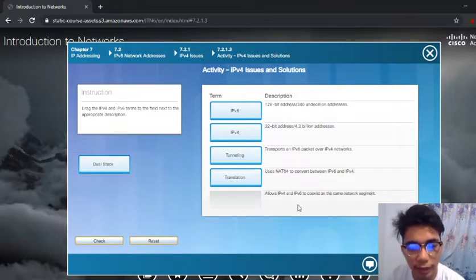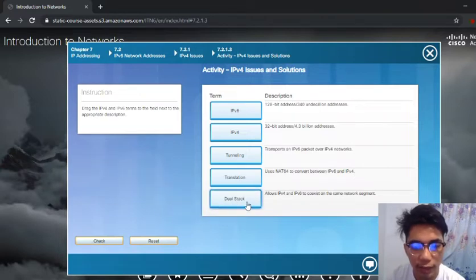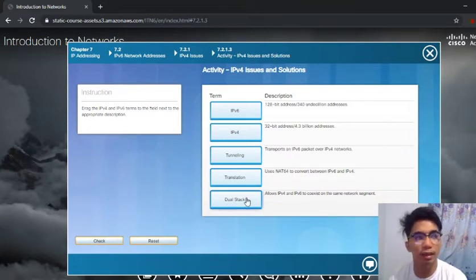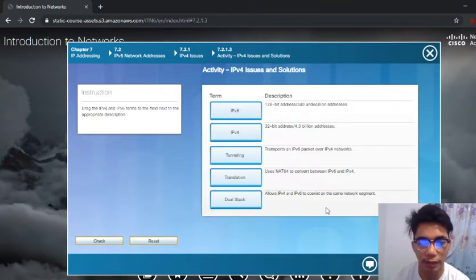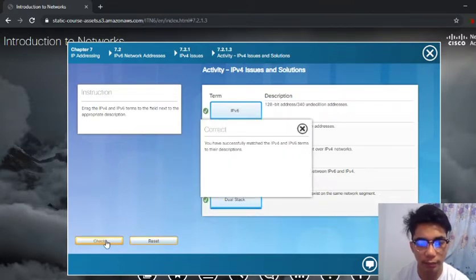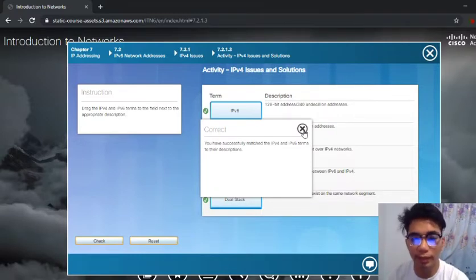Then the last one is dual stack, because of the same network segments. I remember that dual stack has the word segment in its description. So as you can see, let's check. You can see I've successfully matched the IPv4 and IPv6 terms to the descriptions.